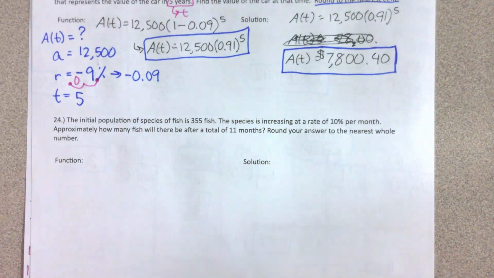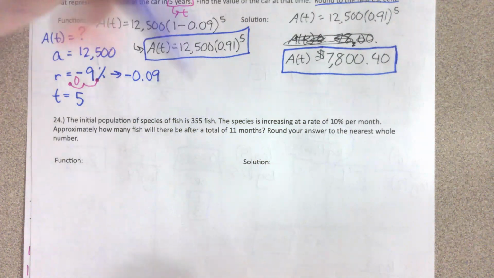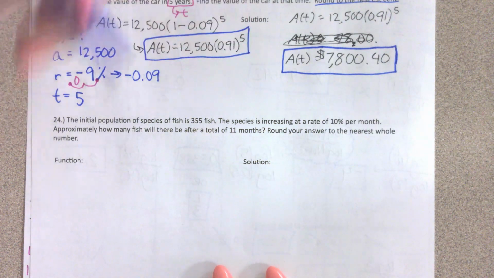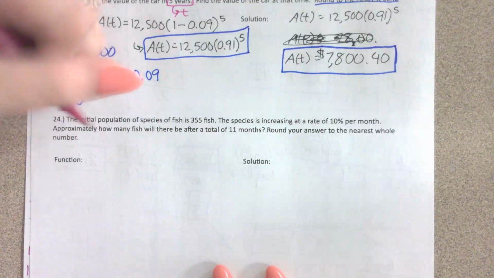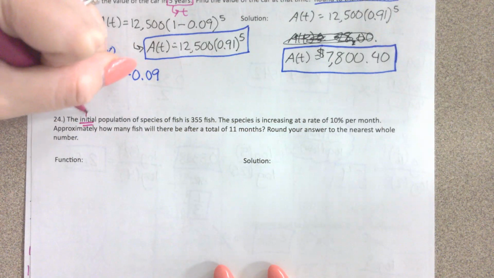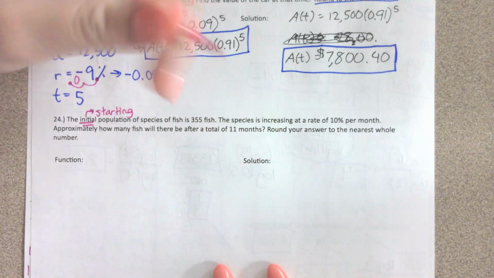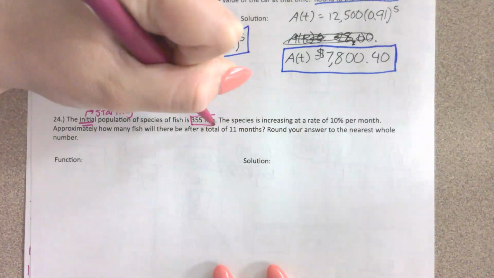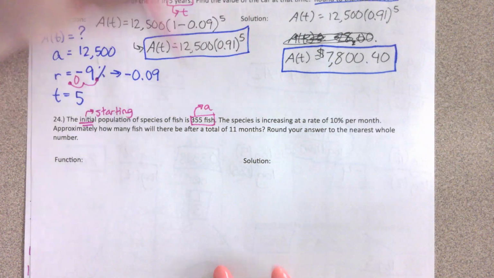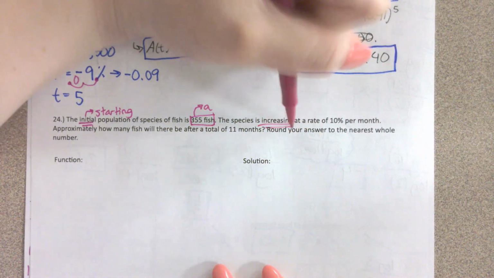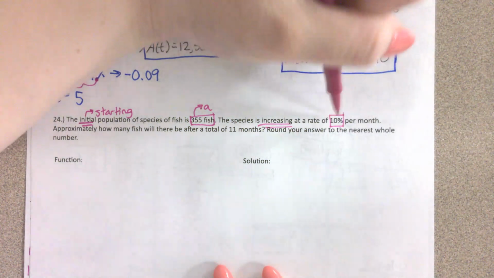Last problem, 24. The initial population of species of fish is 355 fish. So the words initial, this is starting, this is before. So 355 fish, that is our little a. The species is increasing at a rate of 10%.